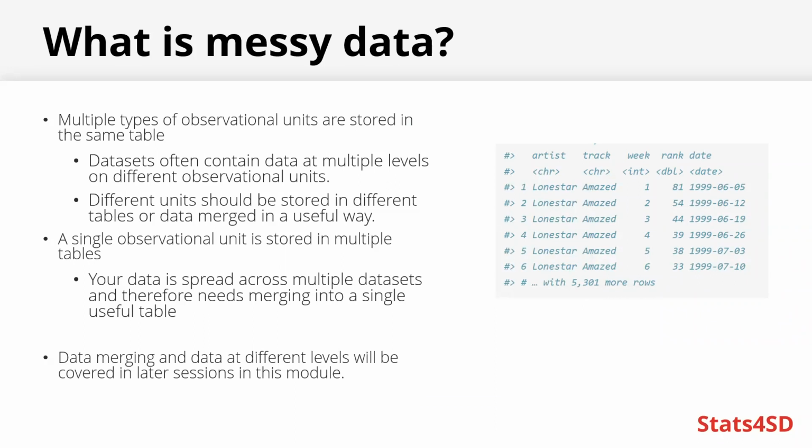So another issue is that there are multiple types of observational units stored within the same table. It is quite common for data sets to contain data at multiple levels of different observational units. For example, you might have data from a farmer, but you also have data for each of their individual plots.